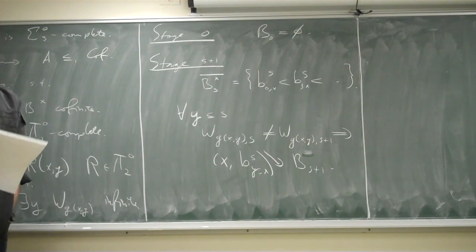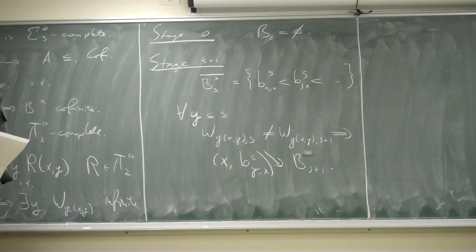Does it work? I want that if X is in A, the X column of B is cofinite. Right? Almost everything is in the X column of B. Well, there can be finitely many exceptions.